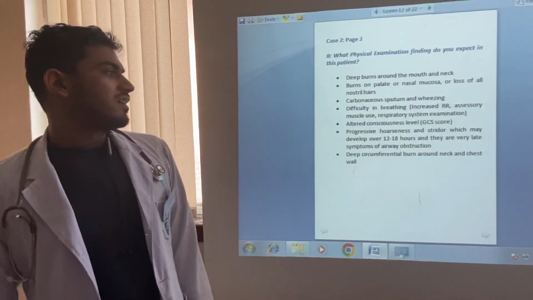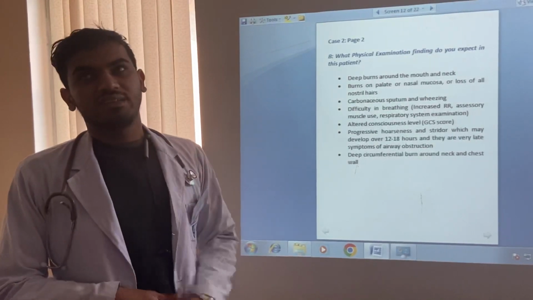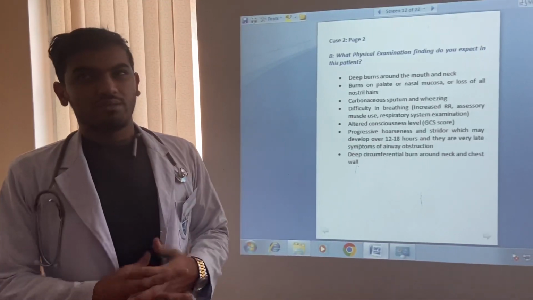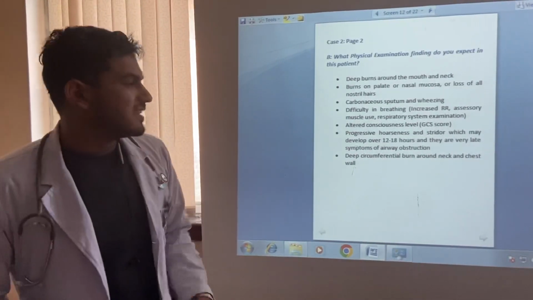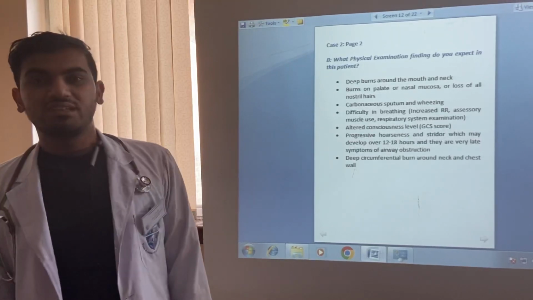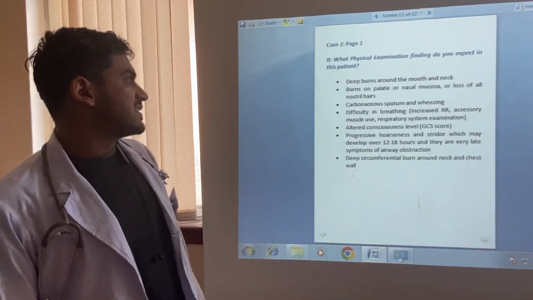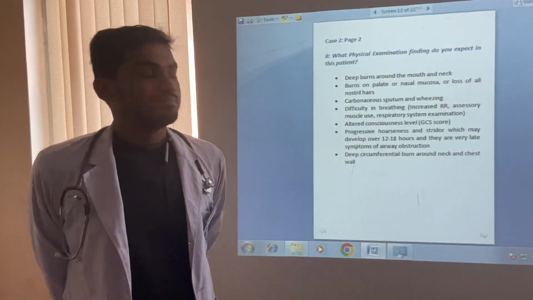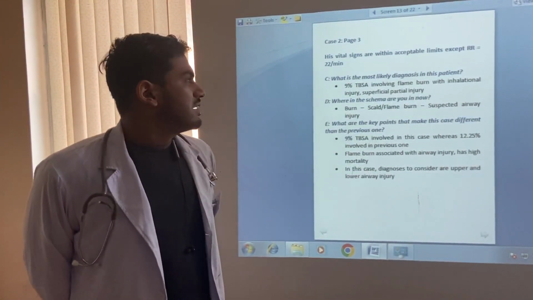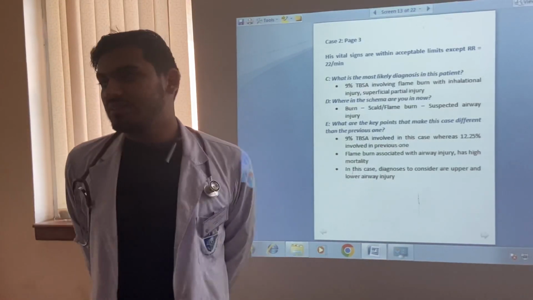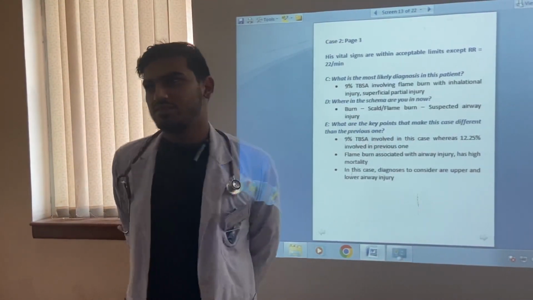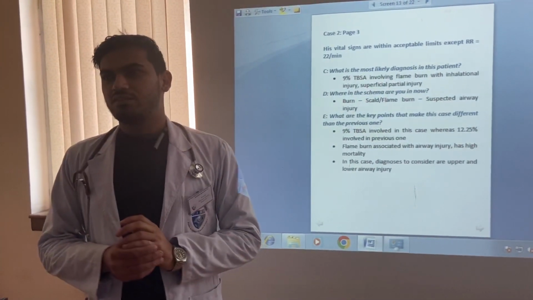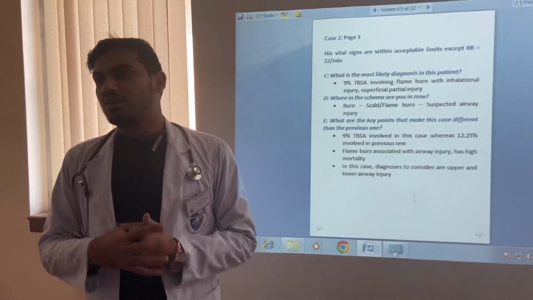So if there is hoarseness and stridor, then the severity is more, and maybe the burn is very late coming to the health facility. And the deep circumferential burn around neck and chest wall can also be found in the patient, as with a deep circumferential burn there is scar formation around the whole circumference, so there can be compartment syndrome and other compression syndromes also.